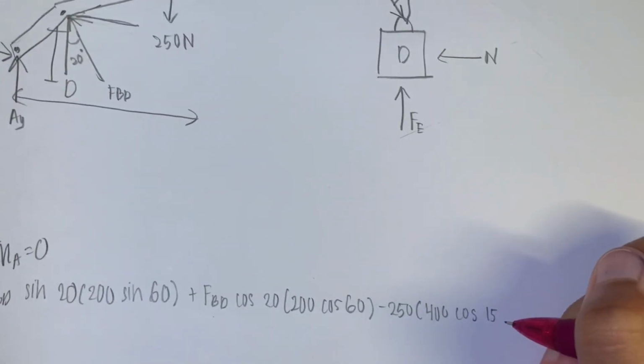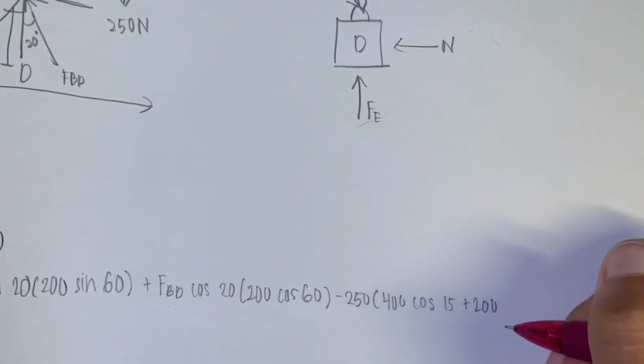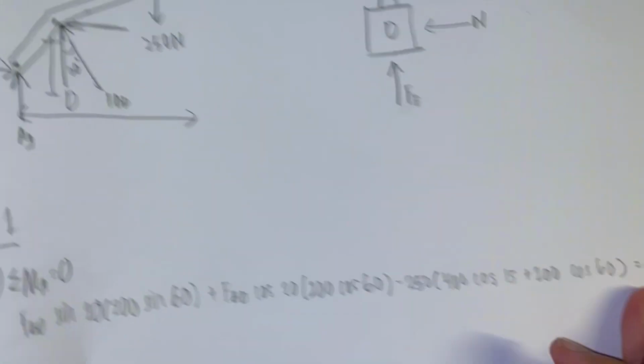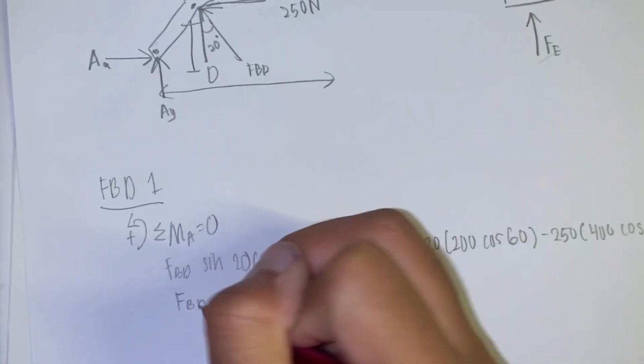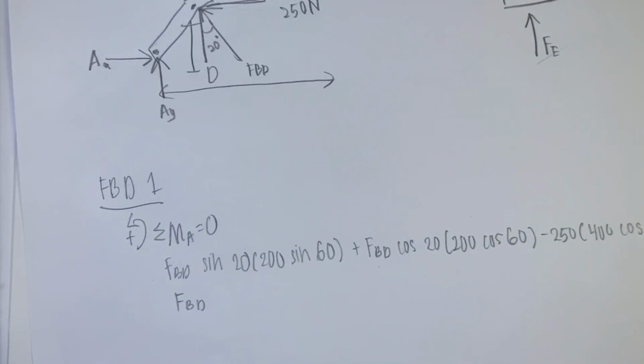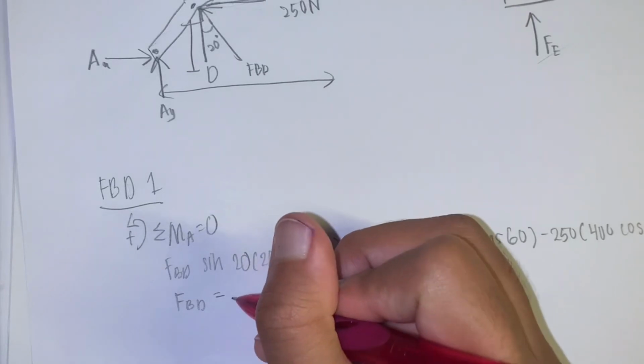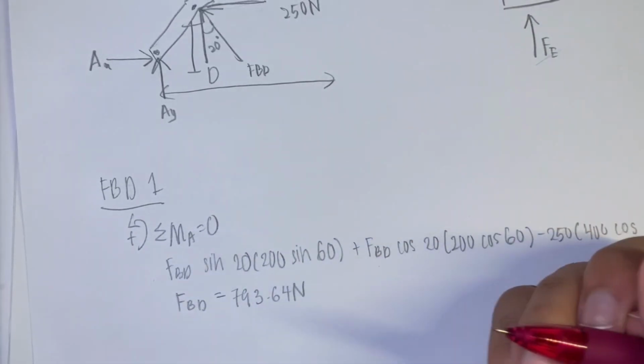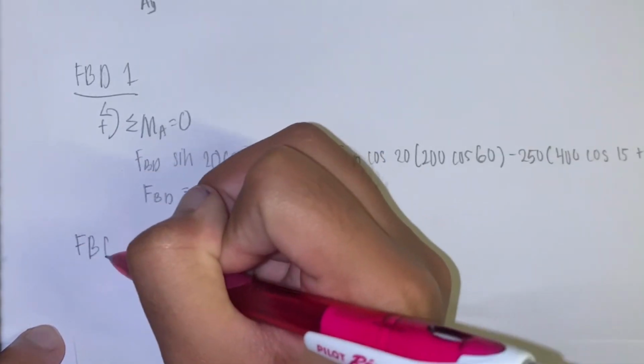First, 400 cos 50 plus 200 cos 60. And the last one is equal to 0. So the FBD is equal to 793.64 Newton.